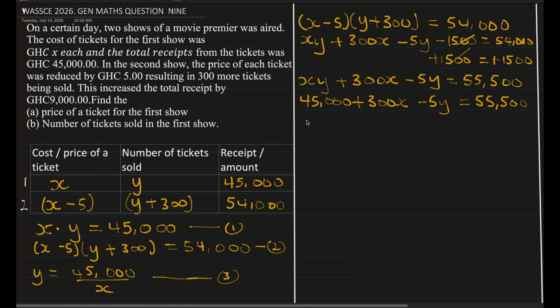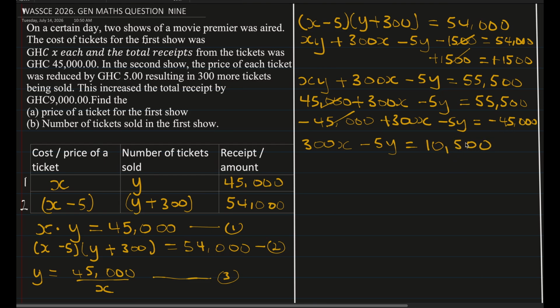Now let's subtract 45,000 from both sides. And this cancels this one. So we have 300X minus 5Y is equal to, now 55,500 take away 45,000, and that lands us 10,500.